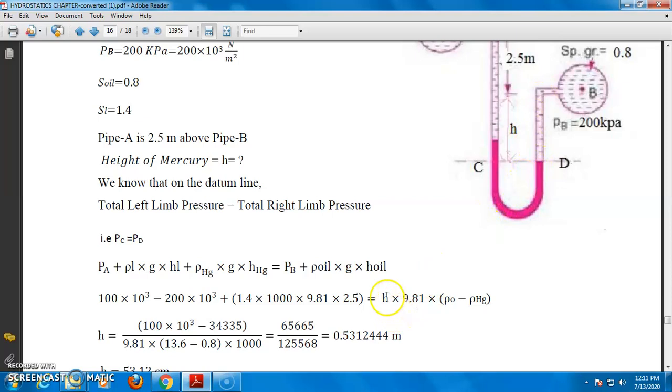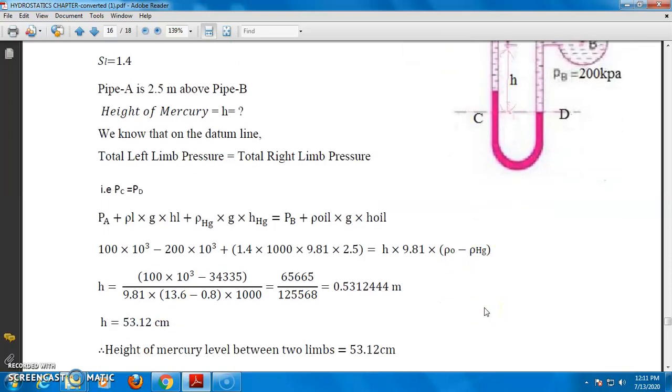So here I am taking the height of the mercury equal to the height of that oil, that is equal to H. I am taking H common, and the G value I am taking common, 9.81 into the density of that oil minus the density of that mercury.